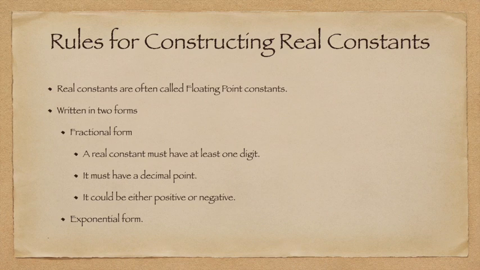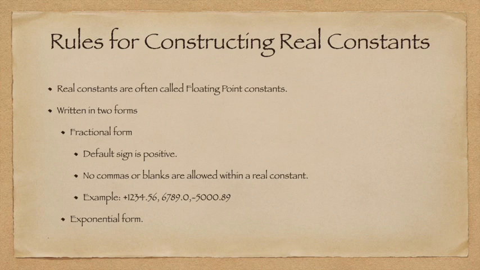It can either be positive or negative. By default, the sign is positive. If nothing is given, that means it's positive. Again, just like integer constants, no commas or blanks are allowed within a real constant. Examples are plus 1234.56, 6789.0, minus 5000.89, etc.